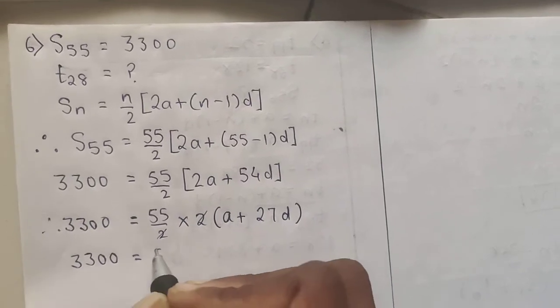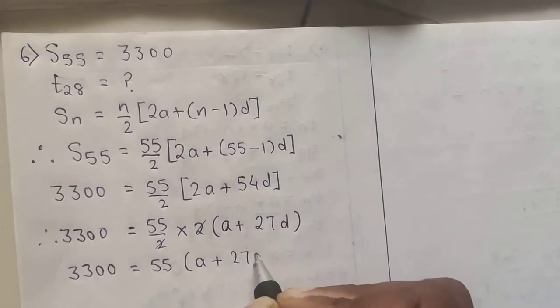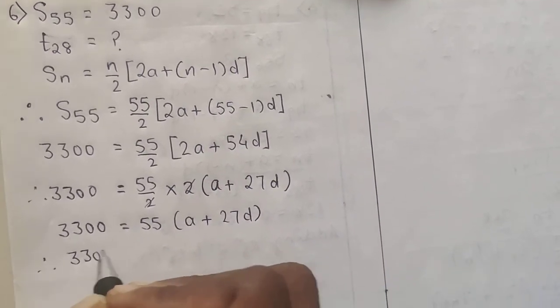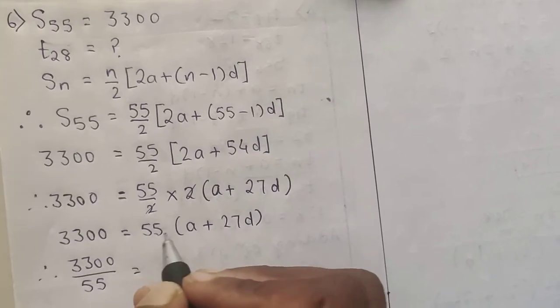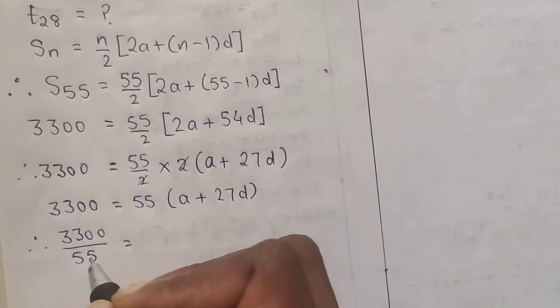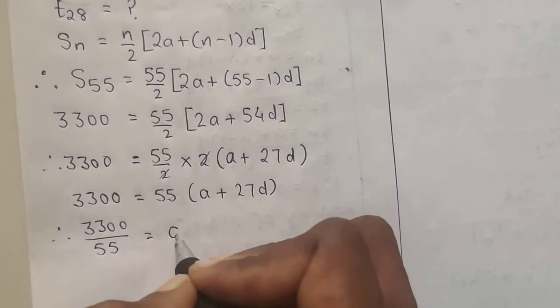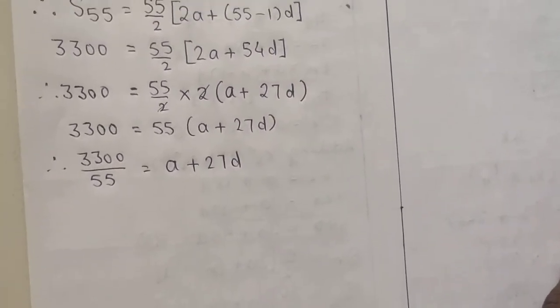So 3300 equals 55 into a plus 27d. Now in the next step we transfer this 55 to the left hand side. Since it is in multiplication form, it becomes division, that is 3300 upon 55, and we are left with a plus 27d.